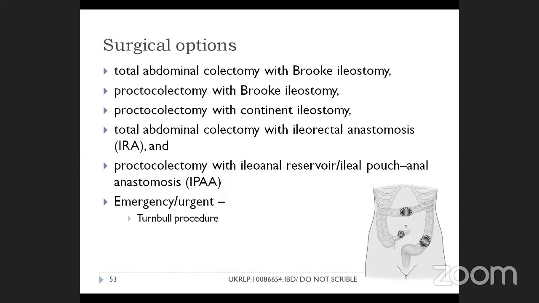And sometimes, to preserve the bowel, the Turnbull procedure is helpful. The Turnbull procedure is nothing but two diversions: one is a transverse loop colostomy, and the next one is a transverse loop ileostomy, sometimes a cecostomy.